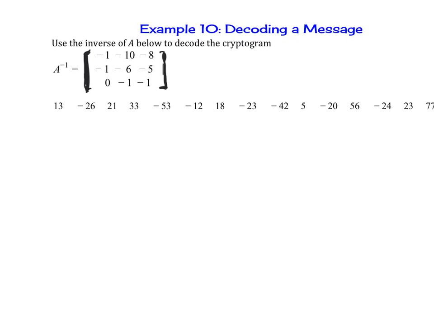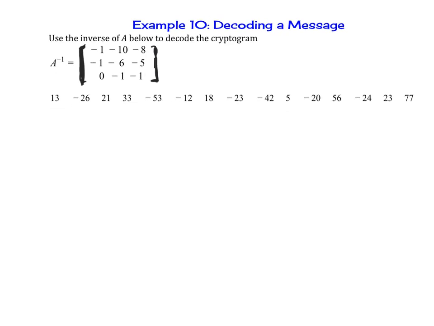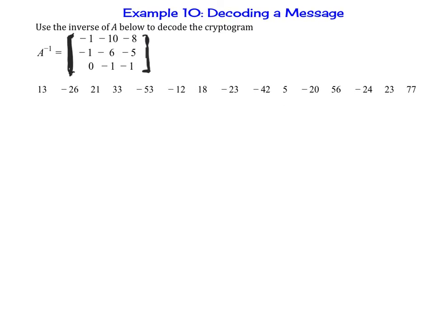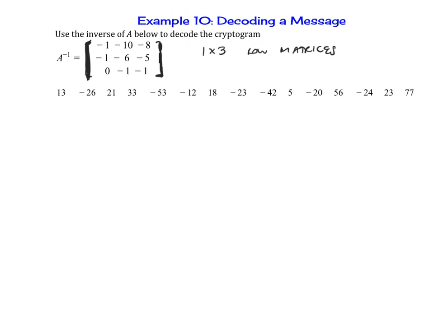So now, say we already found the inverse, we're going to use that inverse to decode the cryptogram. Since this is a 3 by 3 matrix, we're going to write 1 by 3 row matrices. For example, if you're given a 2 by 2 matrix, then you're going to write 1 by 2 row matrices.